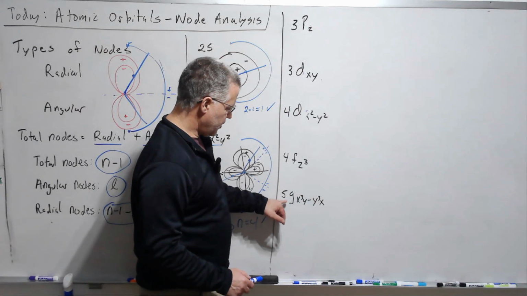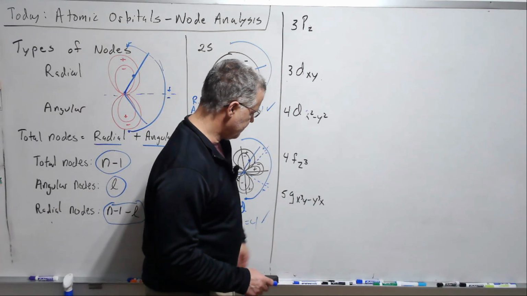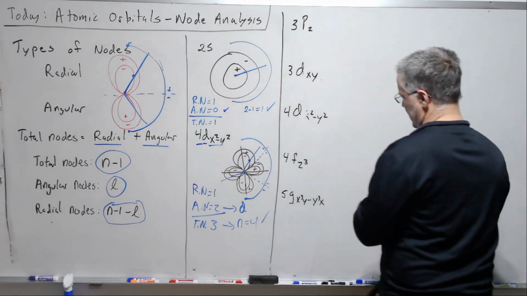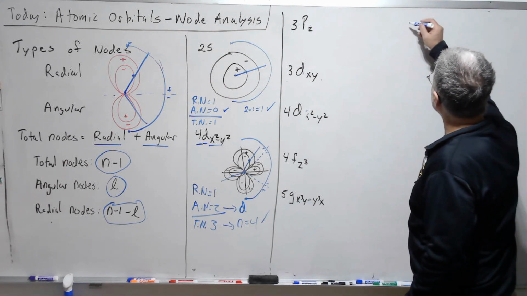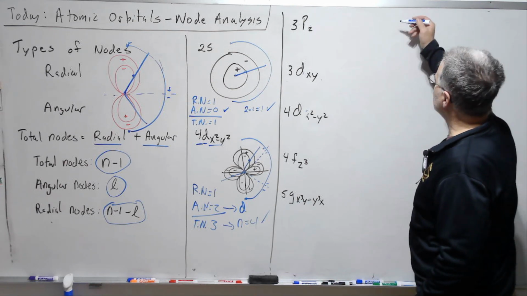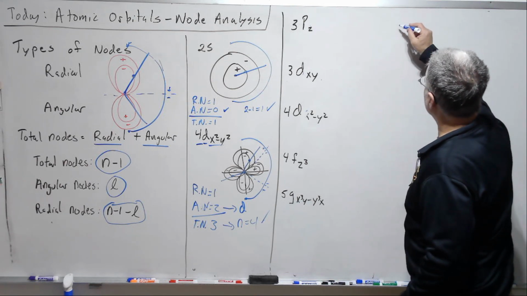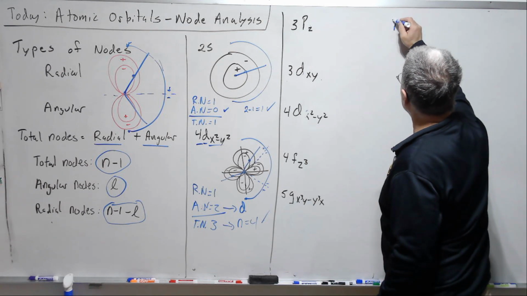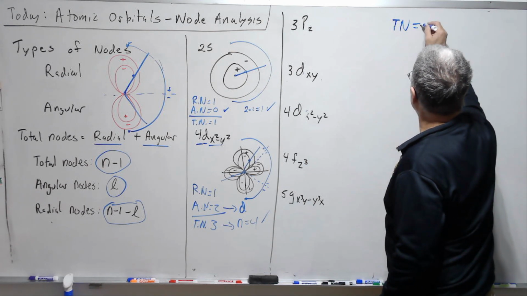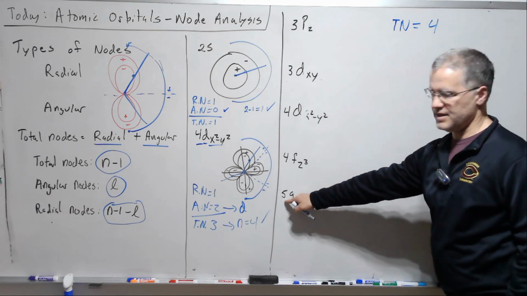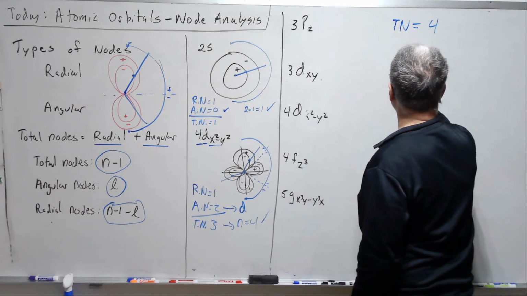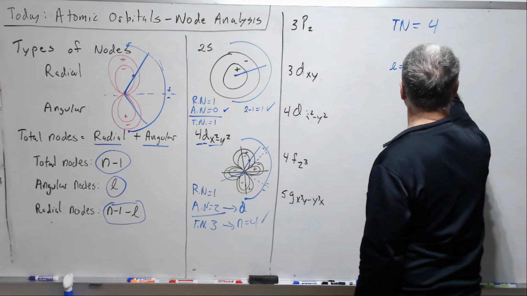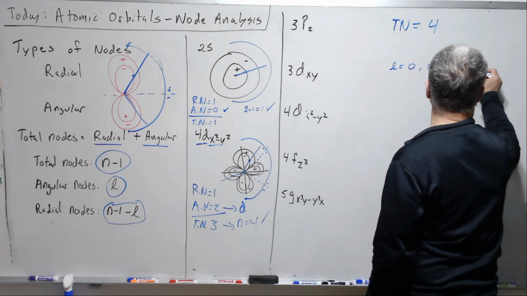I'm going to actually go out of order here. Let's do this 5G, x cubed y minus y cubed x. So let's see if we can draw this picture of this orbital. So total nodes equals 4 because n is 5. This is a G, okay, so L equals 0, 1, 2, 3, 4.